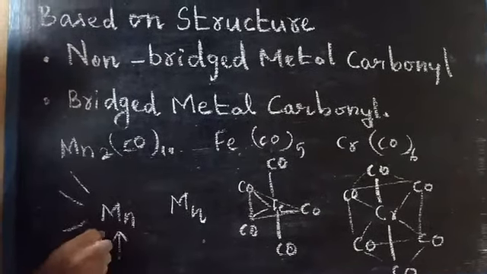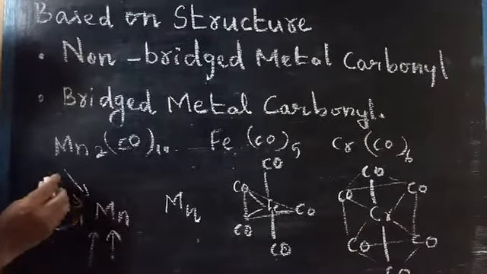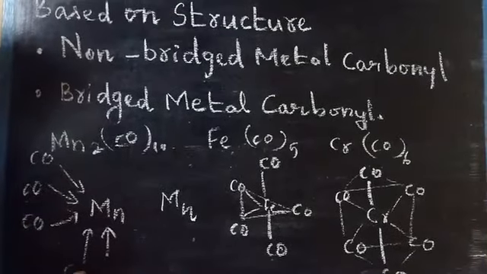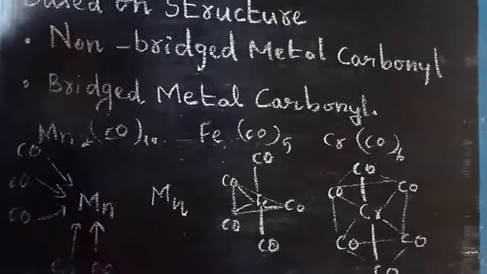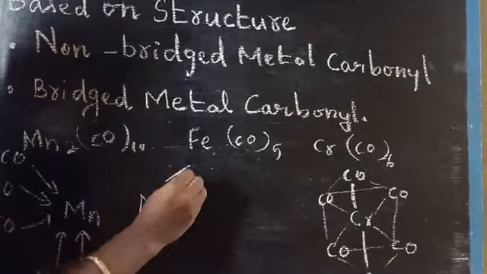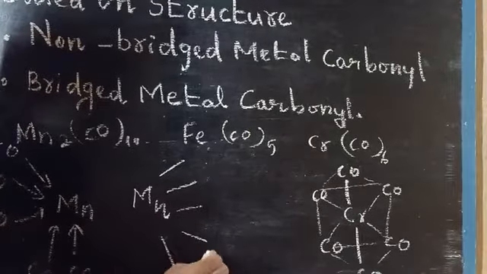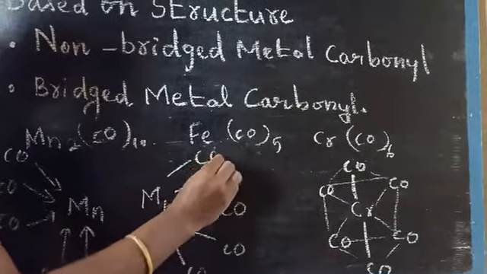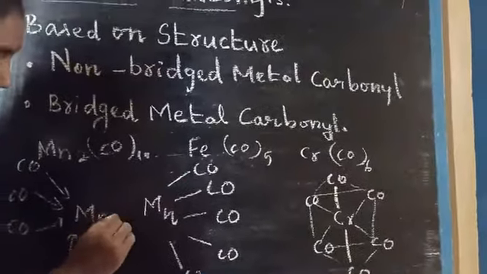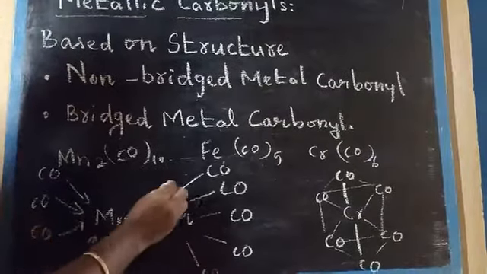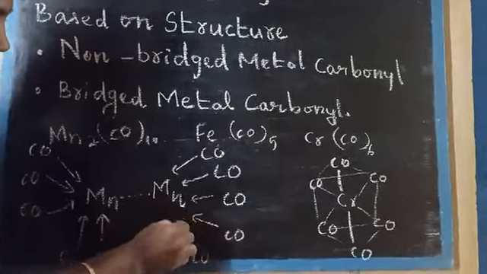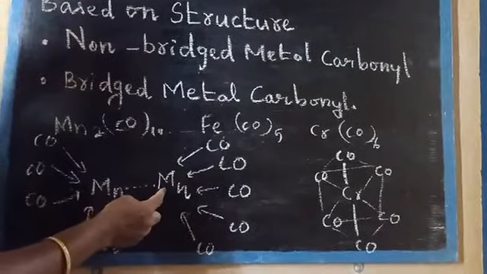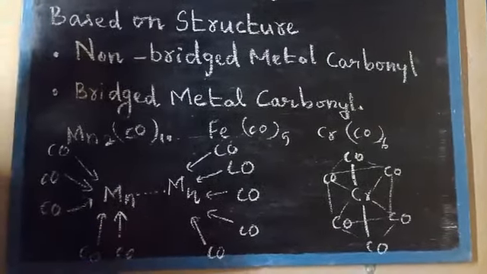Put the arrow mark: this arrow denotes the carbonyl group donating a pair of electrons to the metal. The same way for the other metal, five CO groups. Here there is a metal-metal bond, but no bridge between the metals.